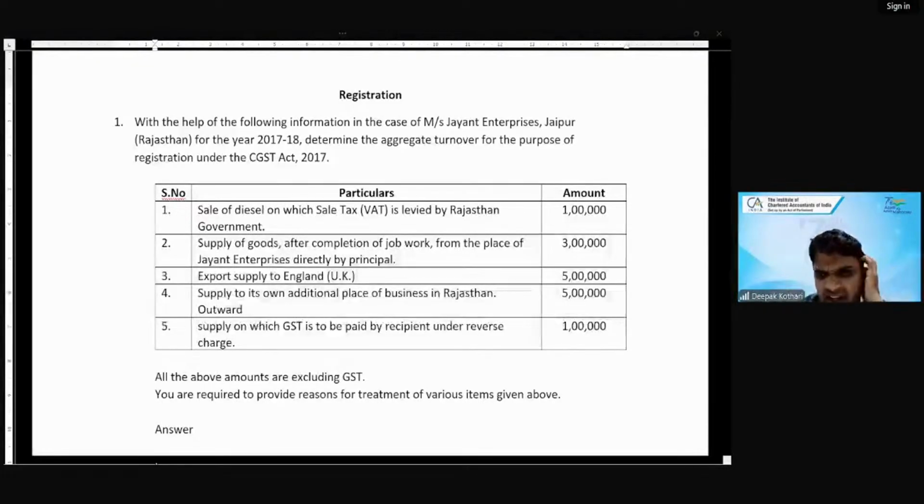Okay, Pooja is saying aggregate turnover is 9 lakhs. Very fast.